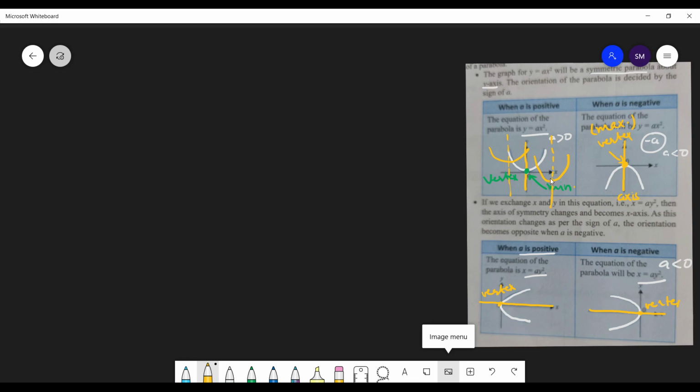What is this? Axis of symmetry. This parabolic curve has an axis of symmetry. You can also call it the axis of the parabola. And the point of intersection of the parabola and the axis is the vertex.